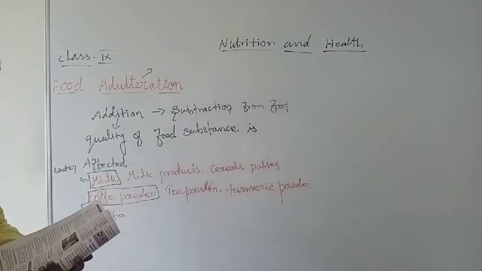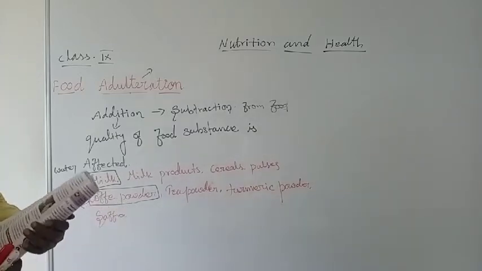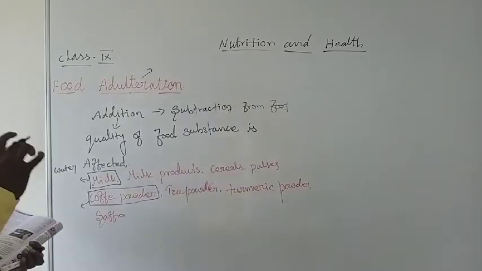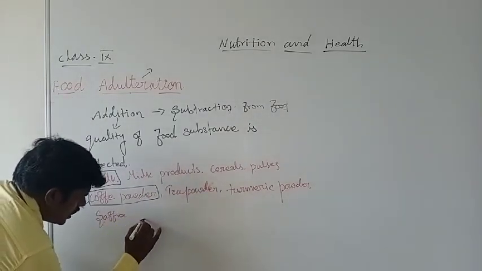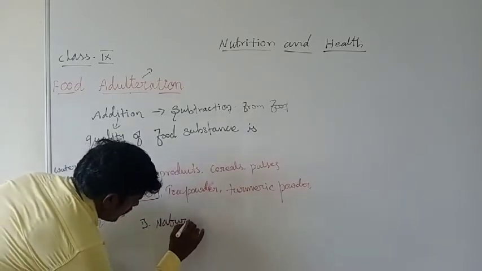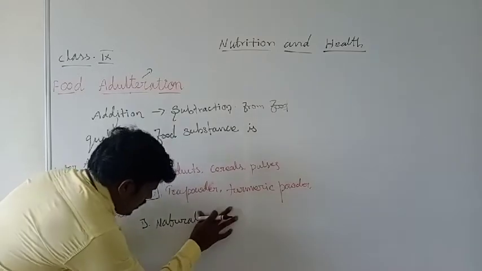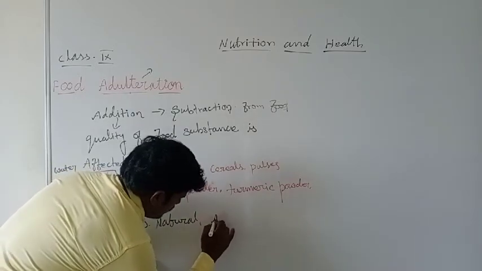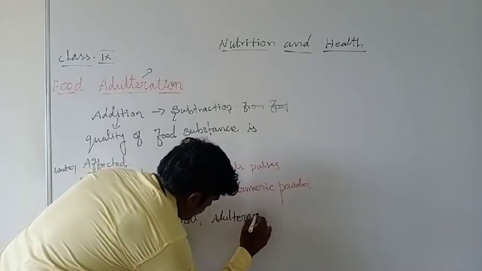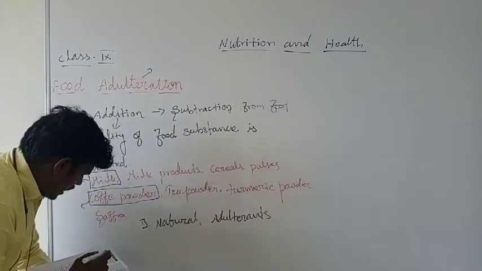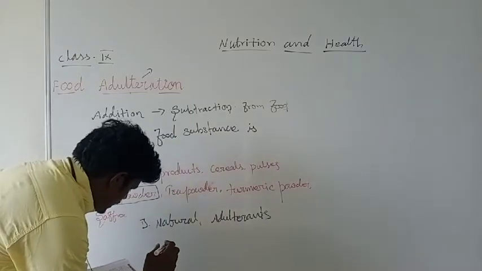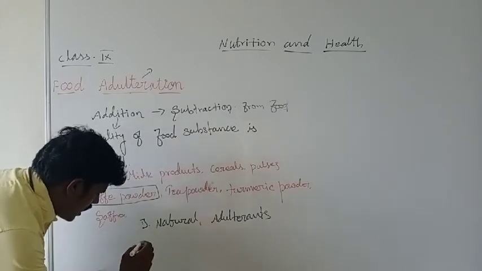The adulterants in food can be classified into three categories. The first one is natural adulterant. The second one is incidental or unintentionally added adulterant.